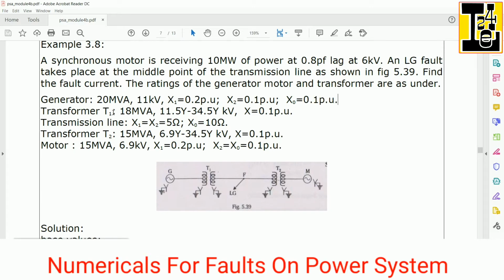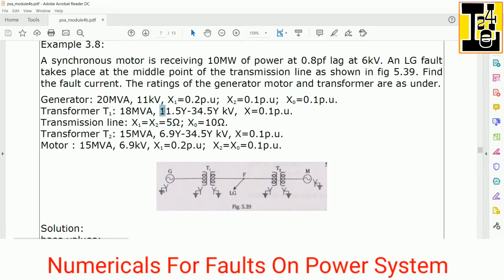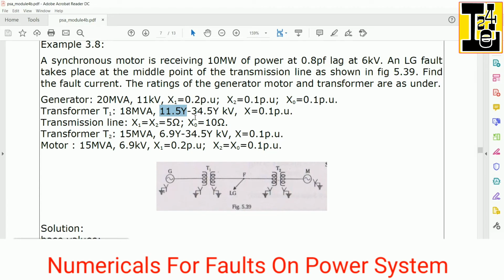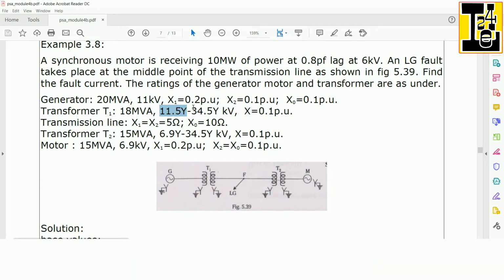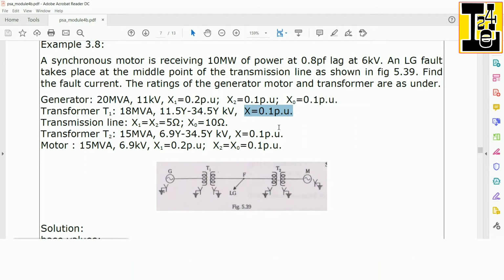The transformer T1 has 18 MVA power capacity, 11.5 kilovolt star, slash 34.5 kilovolt star connection. The reactance is equal to 0.1 per unit.